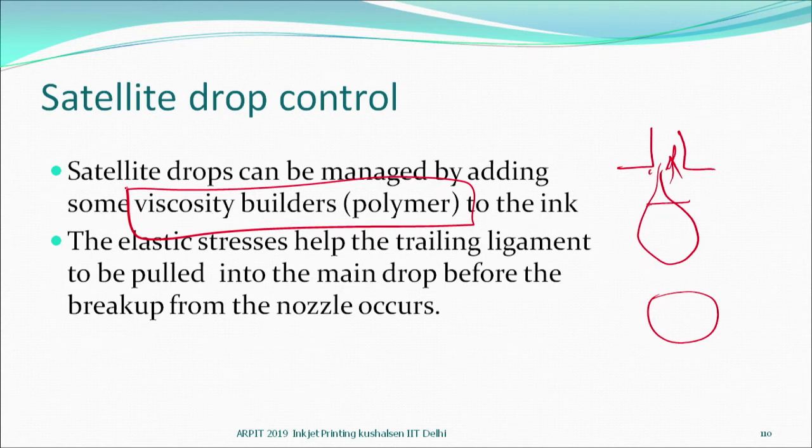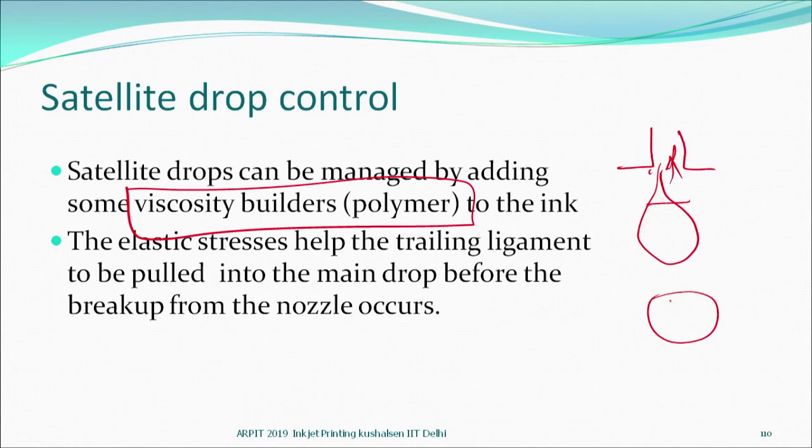So, because of the long chain, instead of becoming small droplets, it gets pulled into the main drop, and so you do not have satellite drop formation. So, that means you have to add something like this.